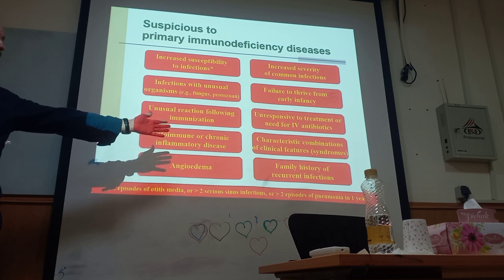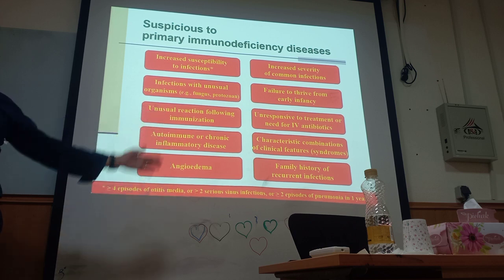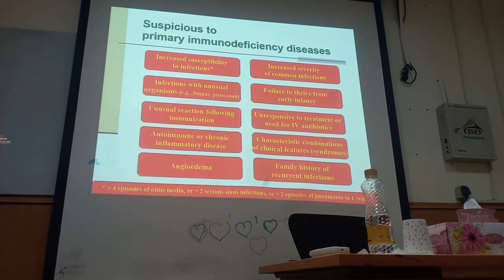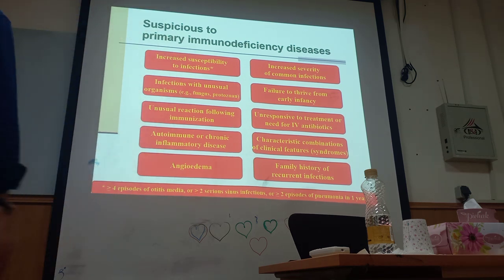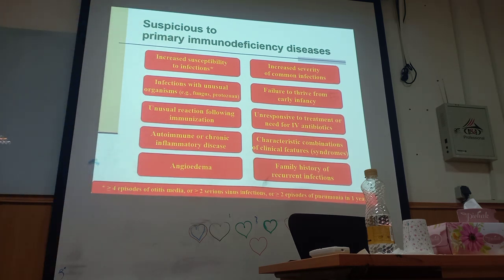And last but not the least, family history of recurrent infection, which is very important in our region. Why is it important? Why is family history of death or recurrent infection important in our region? Like marriages among cousins. Exactly, because of the high rate of consanguinity.